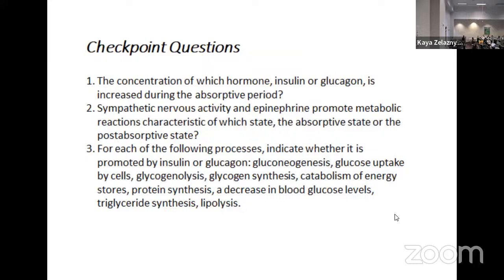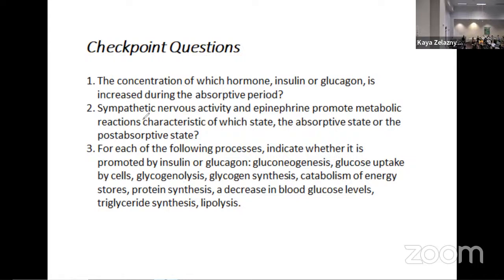Hopefully when you're studying, what you want to focus on is being able to associate insulin and glucagon with their appropriate states. We just talked about insulin with the absorptive state and glucagon with the post-absorptive state. Some of our nervous system effects go along with absorptive and post-absorptive pretty well.